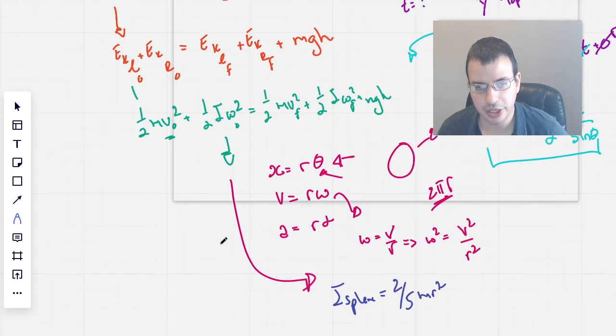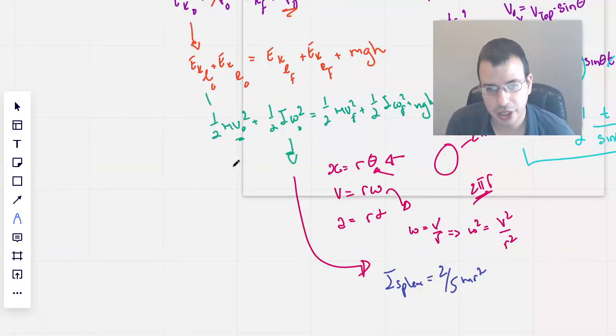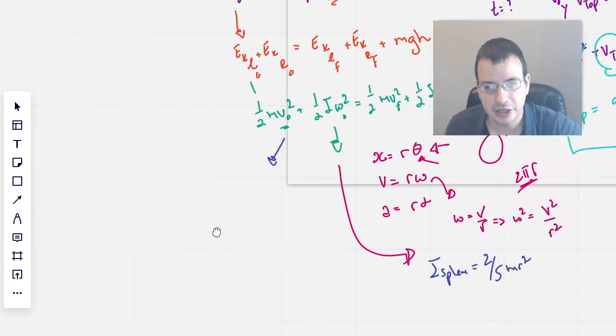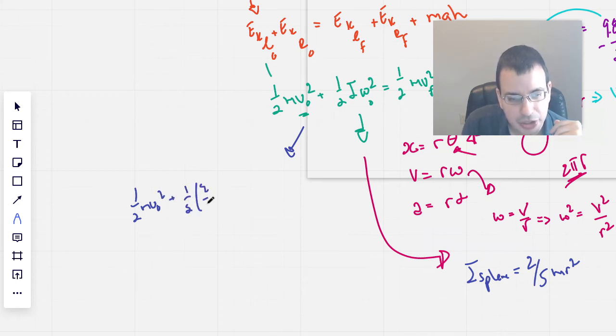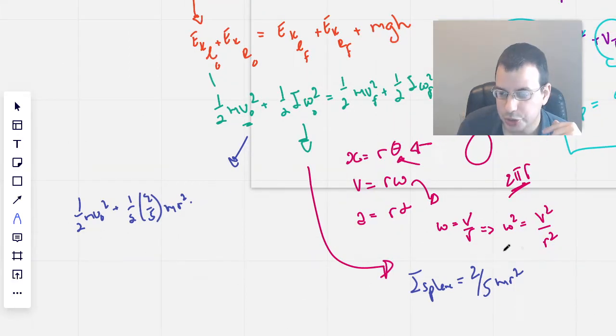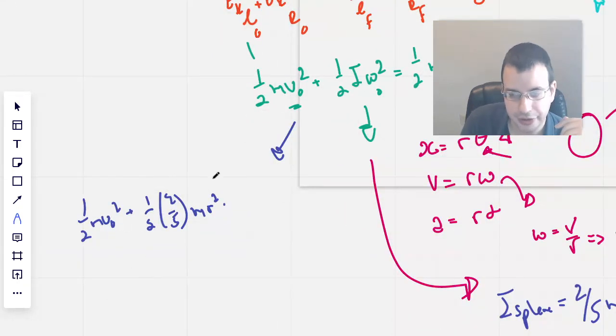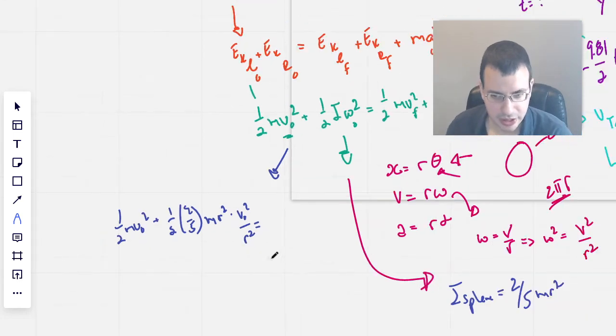So now we're going to rewrite this. It's going to be 1/2 m v initial squared plus 1/2 times I, which is 2/5 m r squared, times omega squared, which is v squared over r squared.